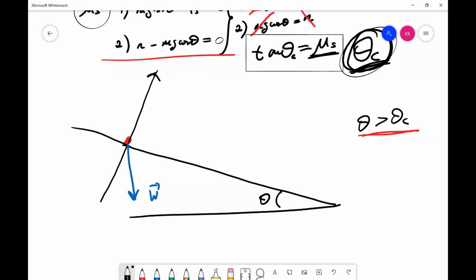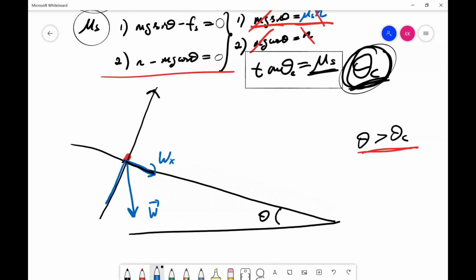Exactly, mg sine theta, which is the x component of gravity, not just gravity. The one that makes it slide down is not some different force. It's still the same gravity, just the x component of gravity.